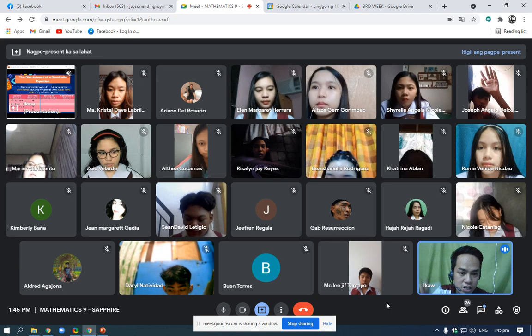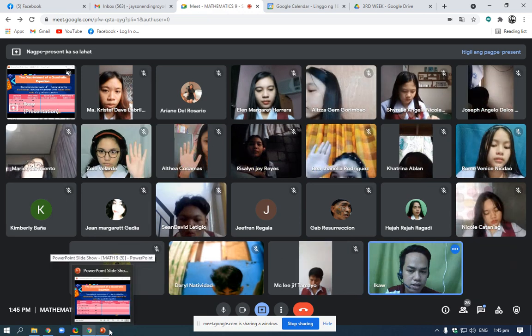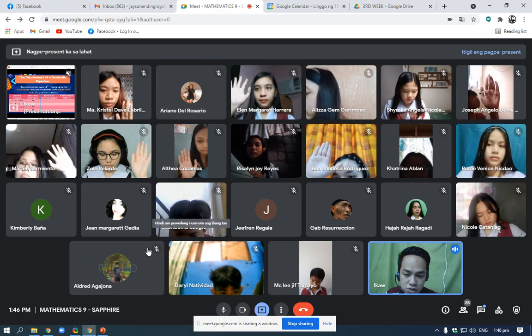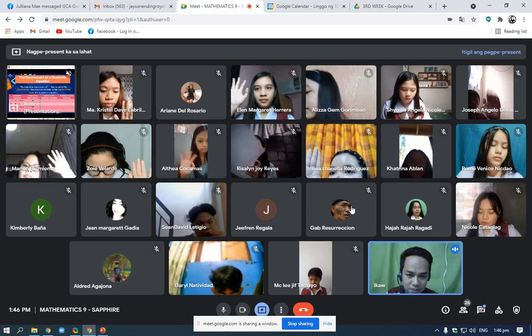Extracting the square root. Okay? Extracting the square root. That's number 1. Very good. Number 2. Now, I'm looking for the other student na hindi pa nagtataas kanina ng kamay. Yung mga nakikita ko sa chat panel kanina, pwede na pong mag-react ngayon. Bakit nawawala na? Nawawala na sila.